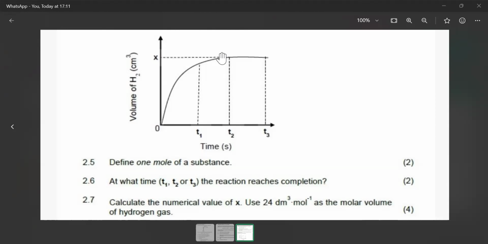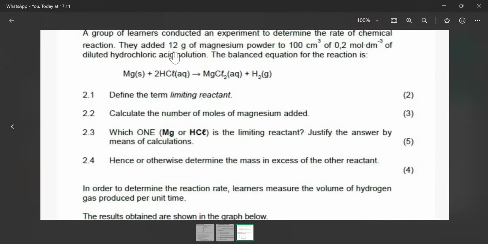So we need to calculate the volume, but we are given the molar gas volume, which means we need to know the moles of hydrogen gas. Also, X is in cubic centimeters, which means if you leave your answer in cubic decimeters, you may not get all the marks. So it's very important to take your X to cubic centimeters.